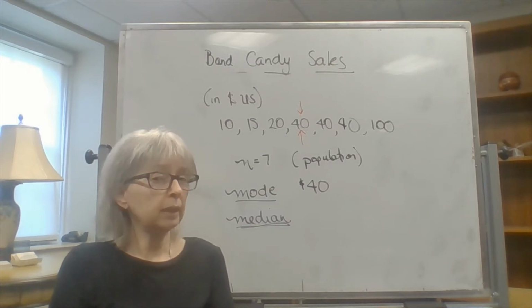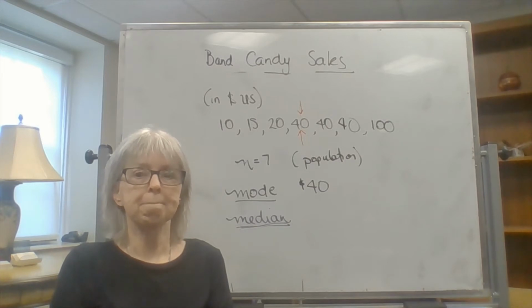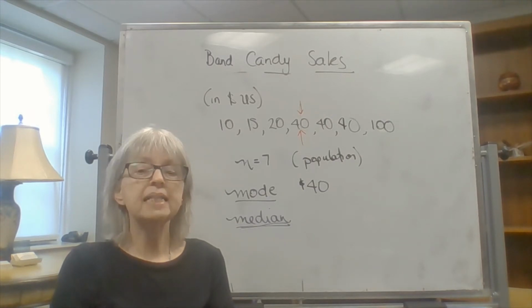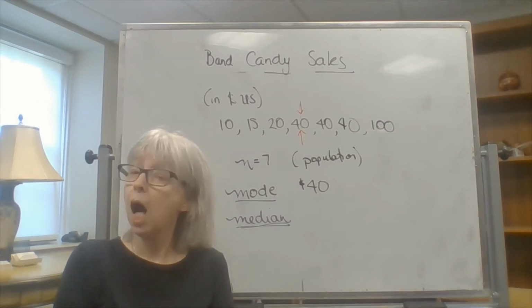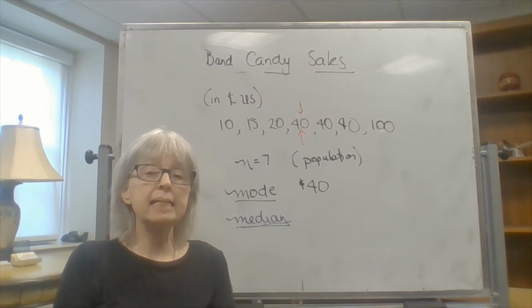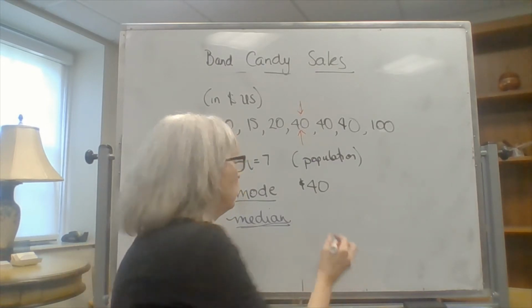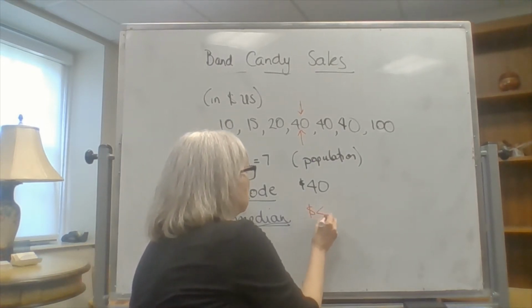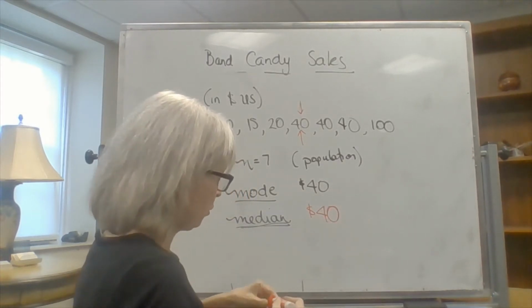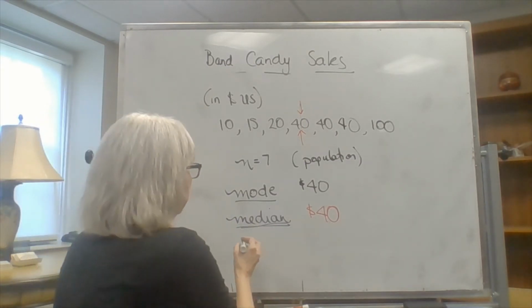It's not necessarily a data value, as we'll see in a little bit. But it's the number in the middle. And in this case, because I have an odd number of elements in my list, the median is the data value in the middle, which is $40.